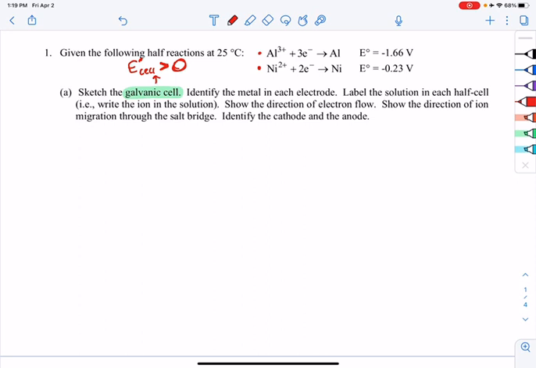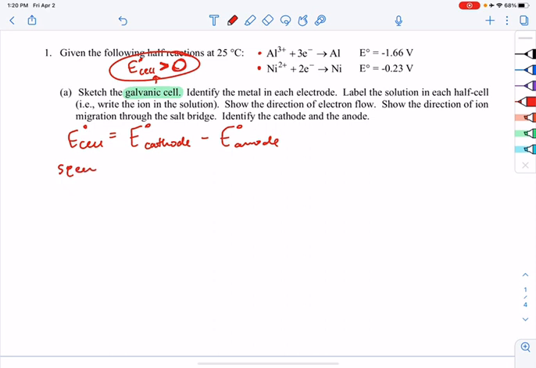We figure out which one is reduction and oxidation using this idea. So as an example, we know that E cell is calculated by taking the voltage of the cathode and subtracting the voltage of the anode, right? And so we have two scenarios here. Scenario 1, scenario 2.